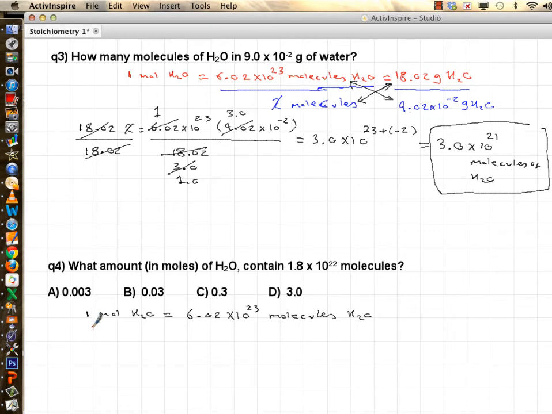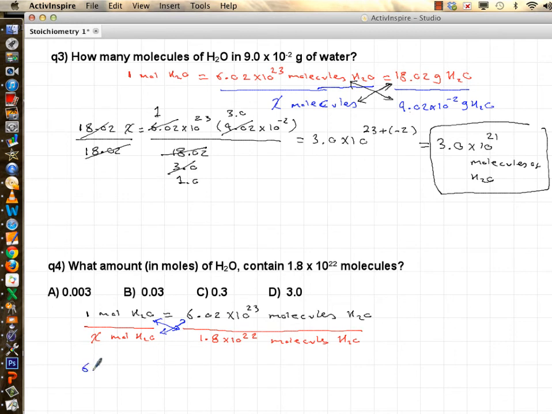Now let's just use what we have in the question. How many moles do you have? So it's X moles of H2O under mole, and this time you have 1.8 times 10 to the power 22 molecules of H2O. Cross multiply again, solve for X. Your ratio looks good. You have like terms under each other. 1.8 times this is equal to X times 6.02.